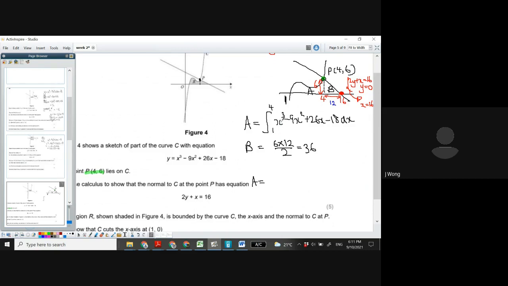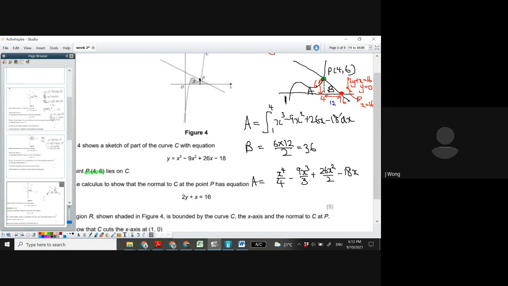These are all just polynomial terms, so all you need to do in order to integrate is add 1 to the existing power. In this case, the first one will be x to the 4, divided by the new power 4. The next one is going to be 9x cubed divided by 3, 26x squared divided by 2, minus 18x.